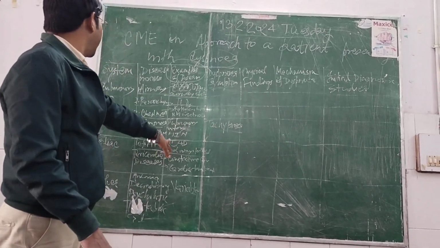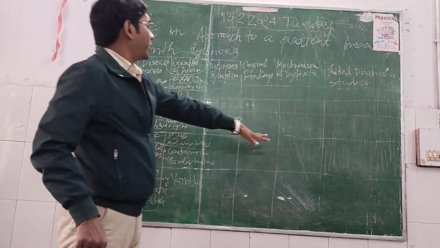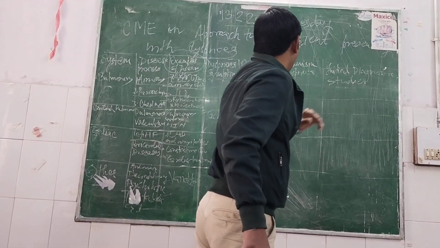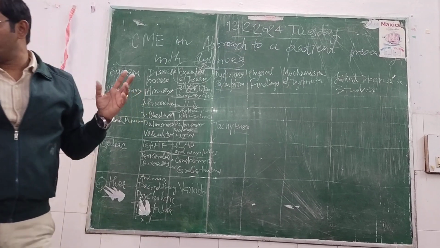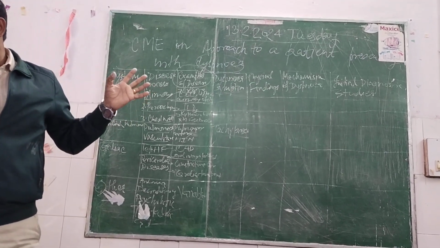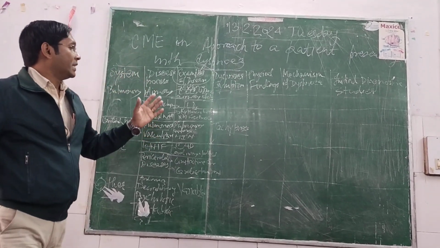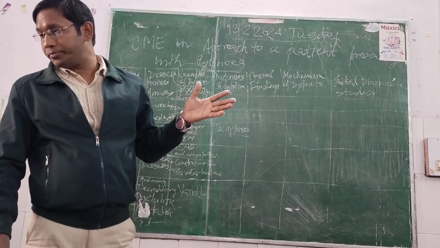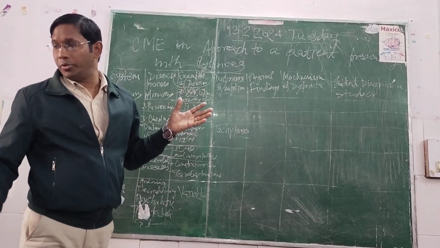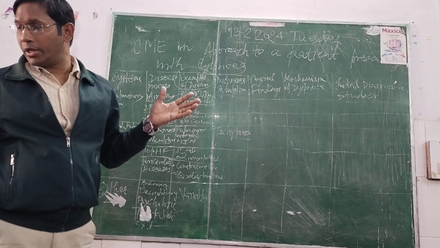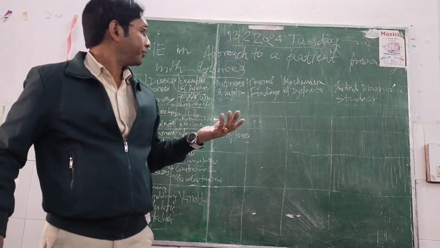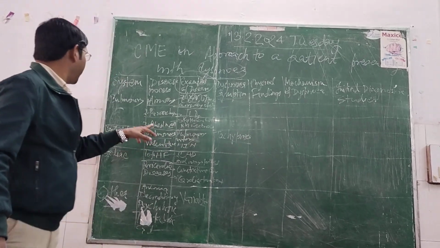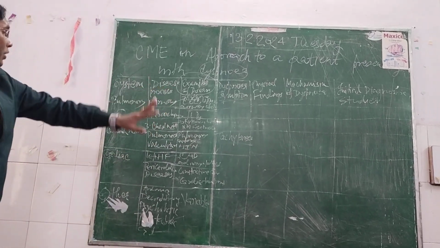So this is the mechanism in case of pulmonary hypertension. And what are the initial diagnostic studies? We do diffusion studies, ECG and echo, because echo can measure the pulmonary arterial pressure. So these are the initial diagnostic studies.